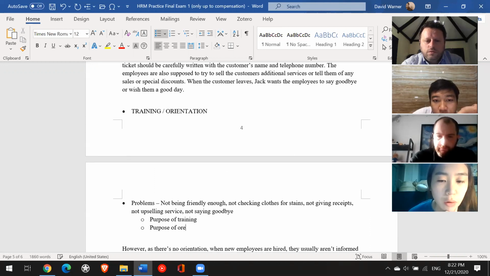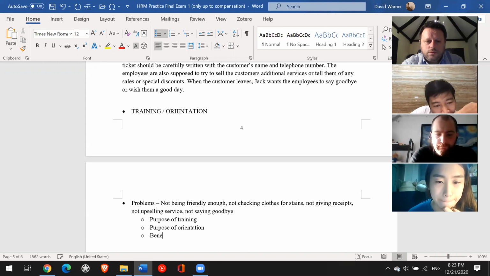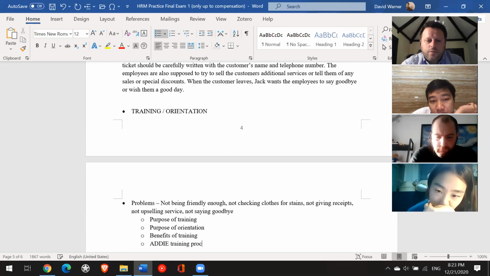And also what's the role? Or what's the benefit of the training? Okay. And also we can mention the ADDIE process in this case. Absolutely. The ADDIE training process, 5 steps of ADDIE, maybe.